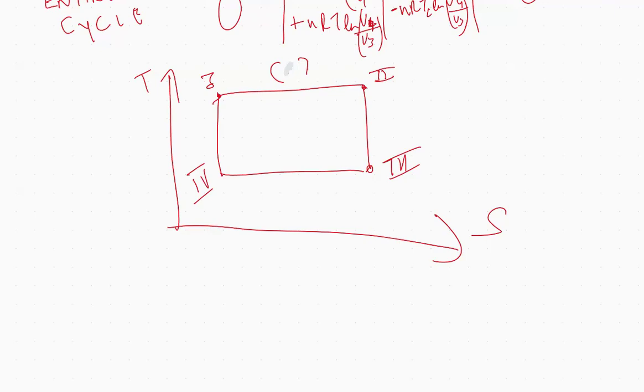It's the same things, not change. Then this is the adiabatic process. That way, then again isothermal, and then this process Q is going out.